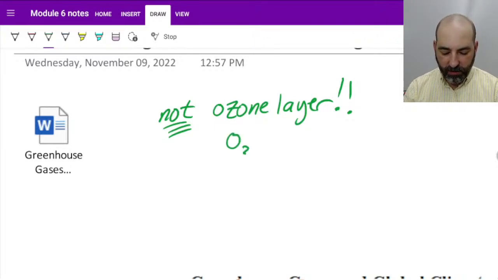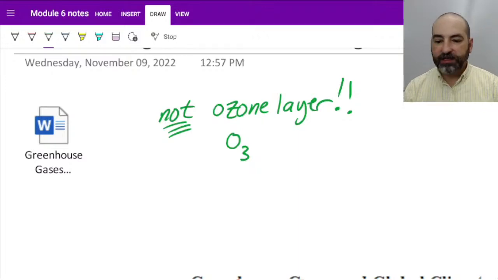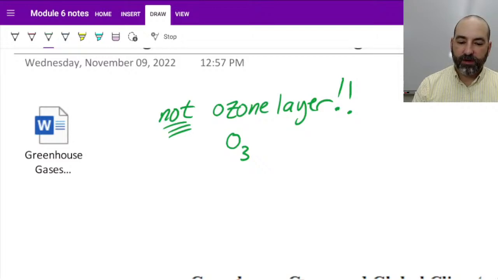Ozone is a molecule, O3, and there's some of it up in the atmosphere that helps protect us from ultraviolet light. Back in the 70s and 80s, it was discovered that certain chemicals we were using called chlorofluorocarbons, particularly for refrigeration, were causing this to break down and leaving us vulnerable to these ultraviolet rays from the sun.